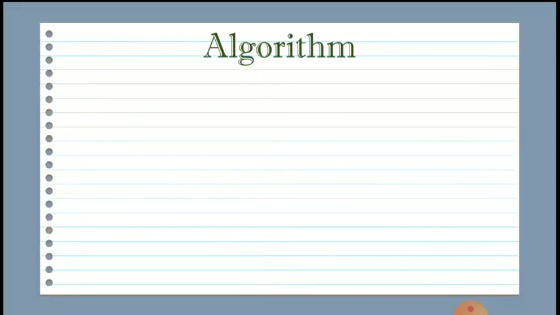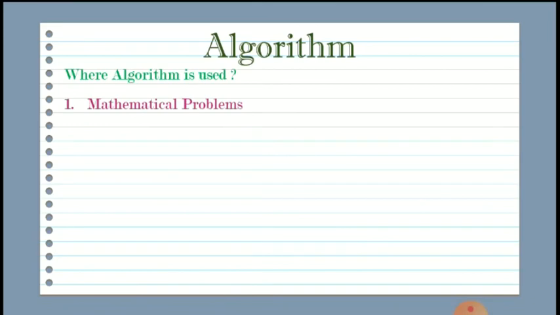Now we will see where algorithm is used. First one, to solve mathematical problems, algorithm is used. Second, to make applications like Facebook, WhatsApp, Google Map, etc. work properly.